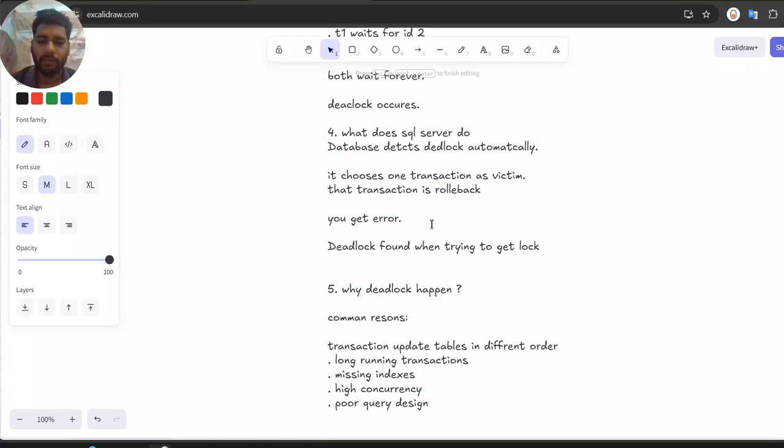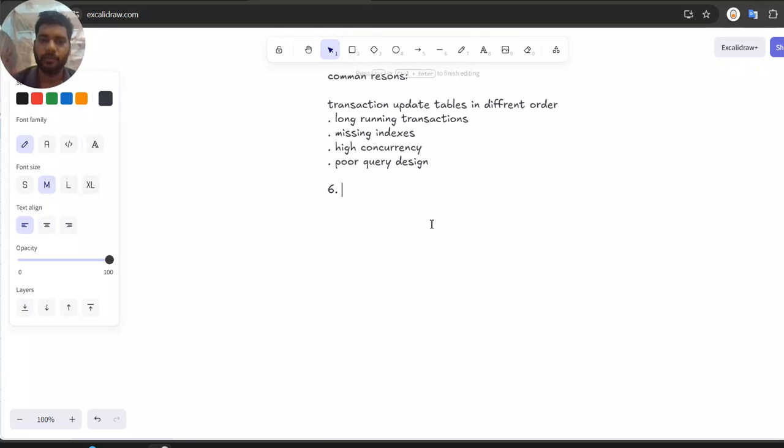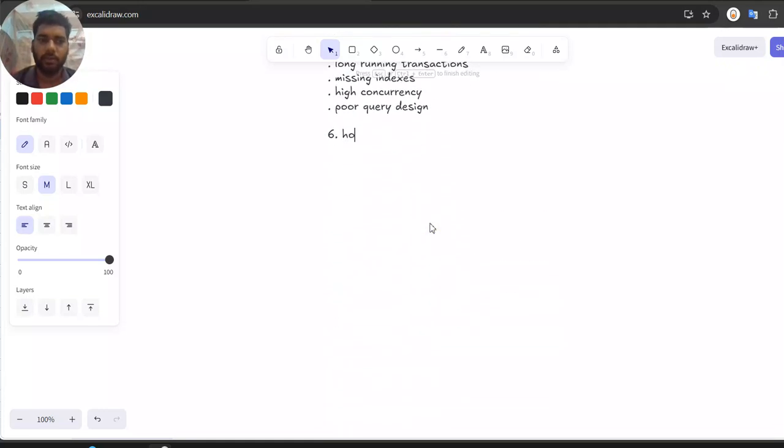So how can we prevent deadlock? We follow some steps. Always access tables in the same order.